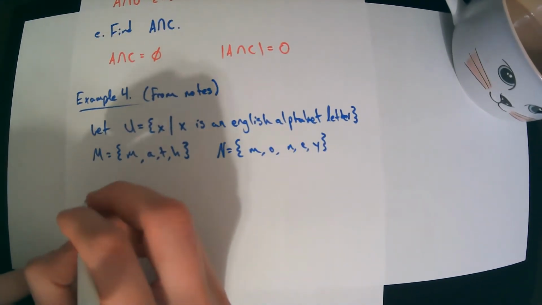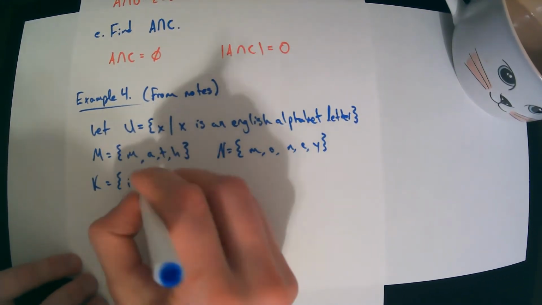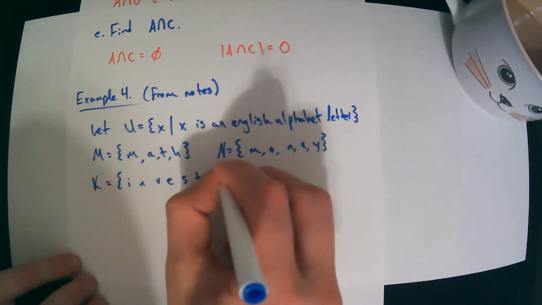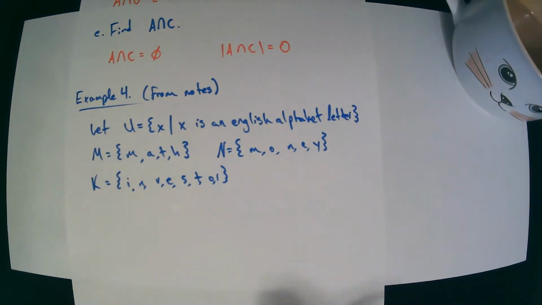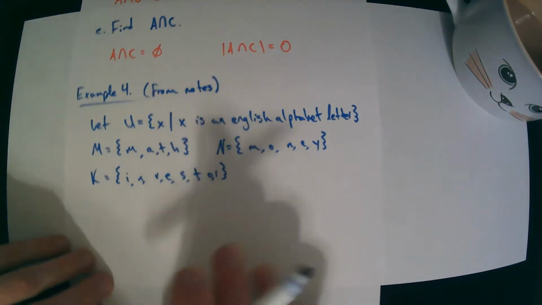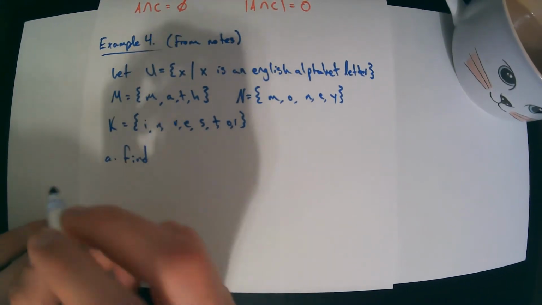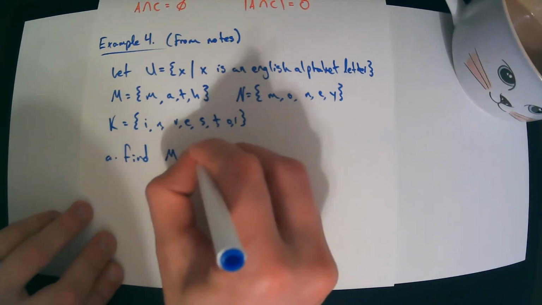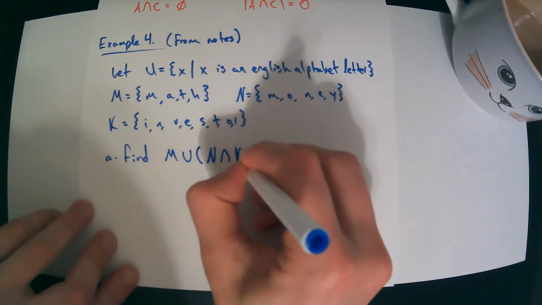And let K be the set that spells investor. Okay. Part A says to find, and now we get some interesting questions, M union parentheses N intersect K.